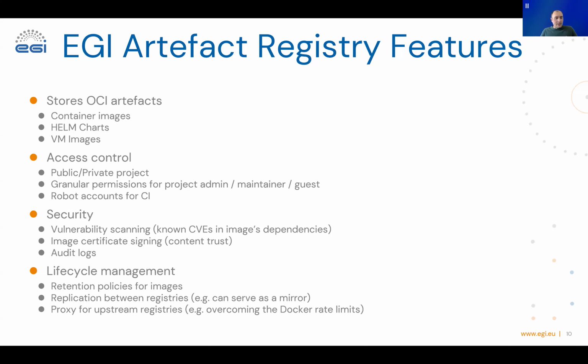It can also do some replications between registries, so you can set it up as a mirror of another registry, for example, some internal ones that you have in your organization. Many universities have their own GitLab with the container registry service, but it's not meant so that the software within those GitLab instances is shared with the international communities, for example.